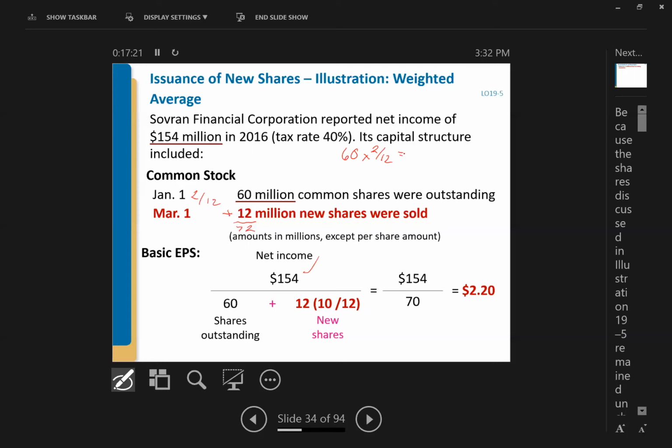And that comes out to be 10. And we then had 72 shares times 10 over 12. So 72 times 10 divided by 12 gives us 60. Add those together, gives us a 70. You can do it their way, you can do it my way, whatever way makes more sense to you guys. And so what we've just done is we've taken a weighted average.